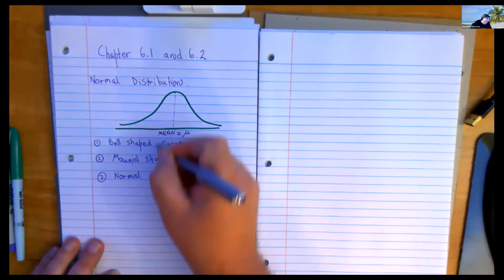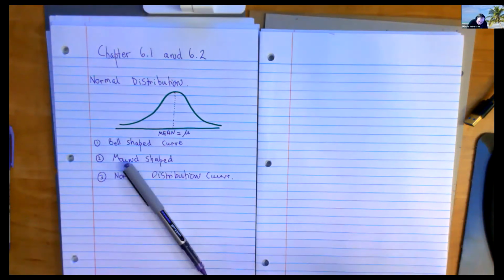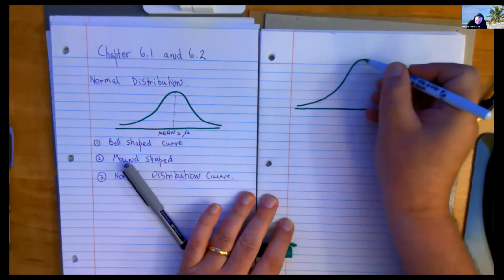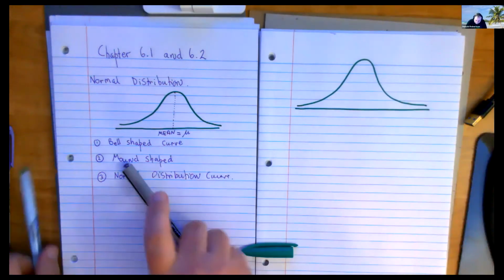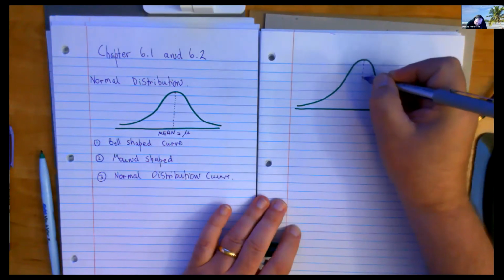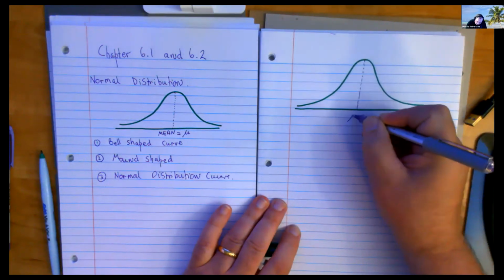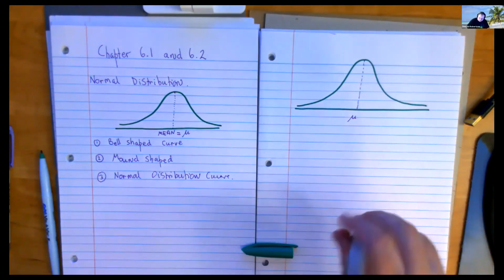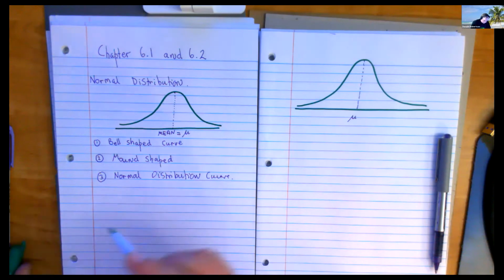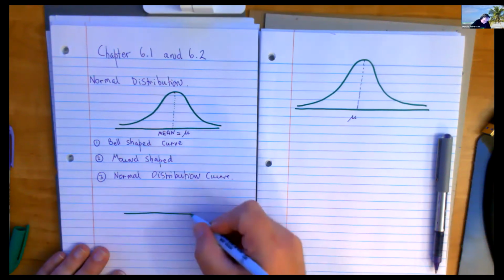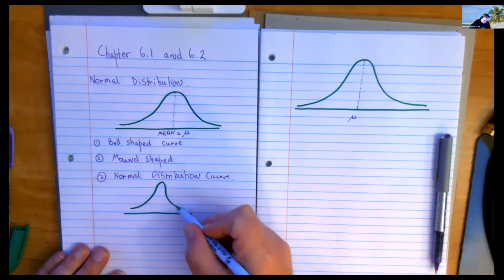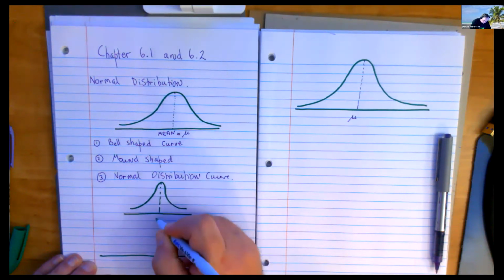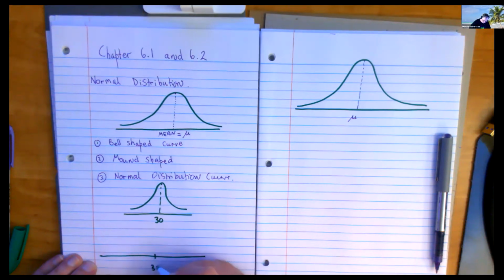Now, I think I'll do another one. There is a little bit more information that a normal distribution has. So I'm going to go and do that guy. If you had two distributions, and one of them looked like this, let's say that's at 30, and the other one was also at 30.